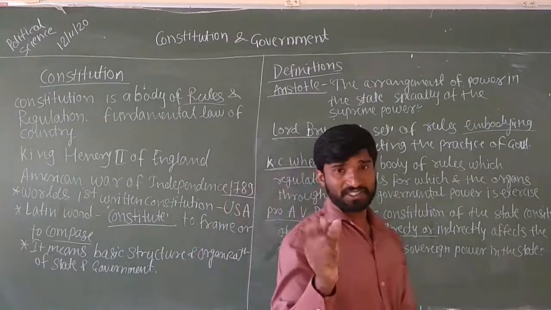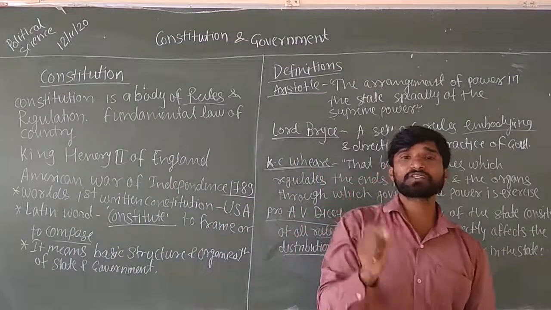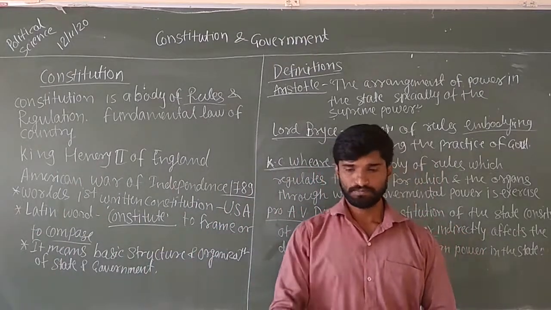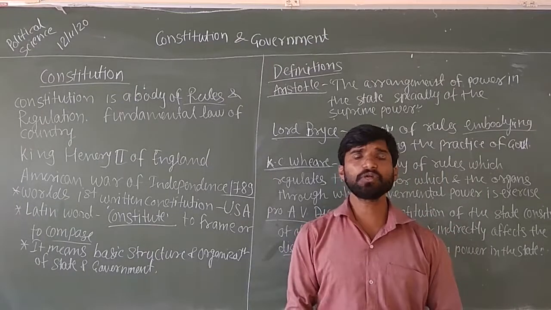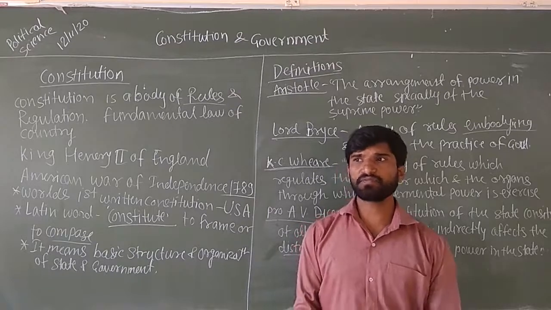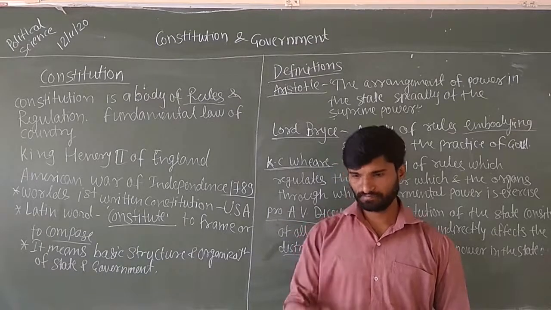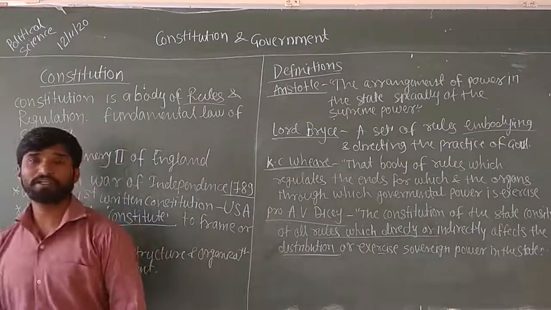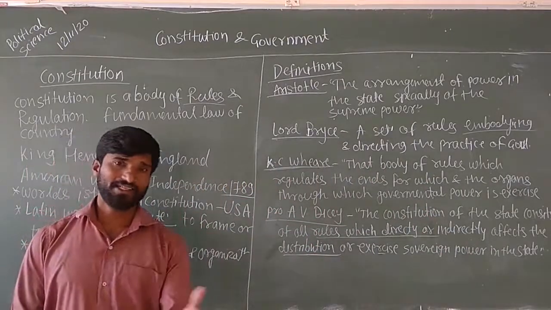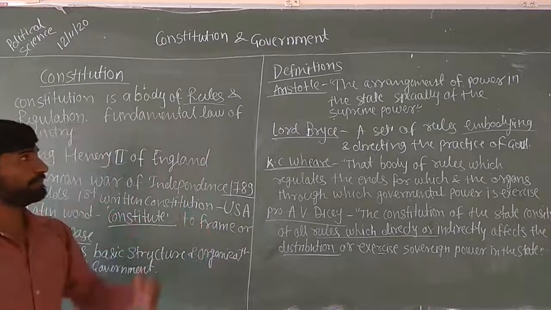Even these aims and objectives have been mentioned in the preamble page. So you will get a preamble which consists of different things. Further we will study what it consists of, and it is like the soul of the constitution.